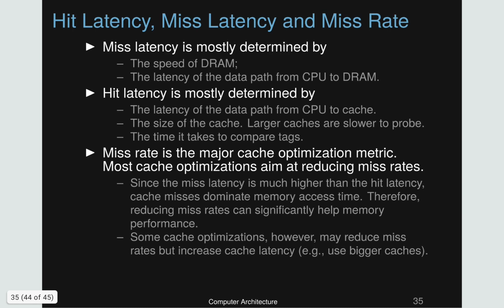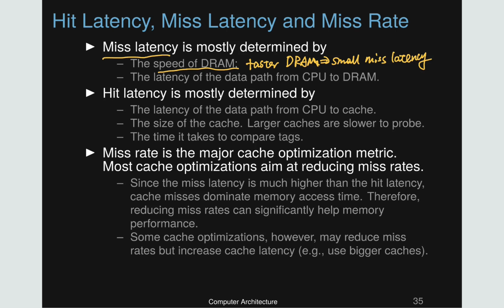There are also several factors that affect the hit latency, miss latency, and miss rate. Miss latency is mostly dominated by the speed of the DRAM. So a faster DRAM, faster main memory, is going to give us a smaller miss latency, since it's faster to serve the miss.